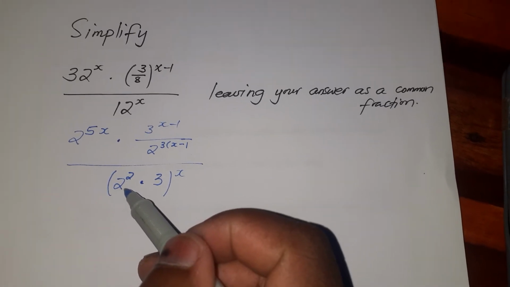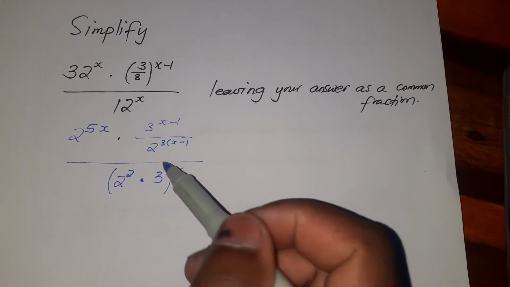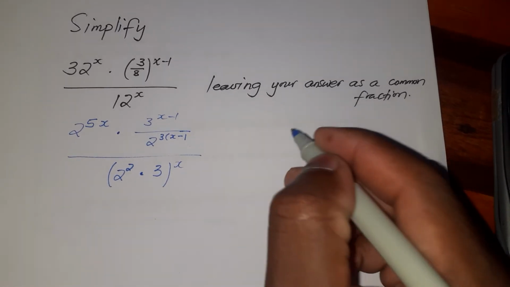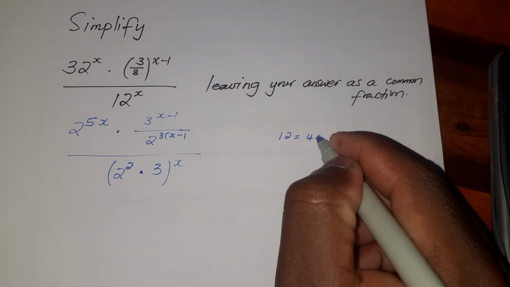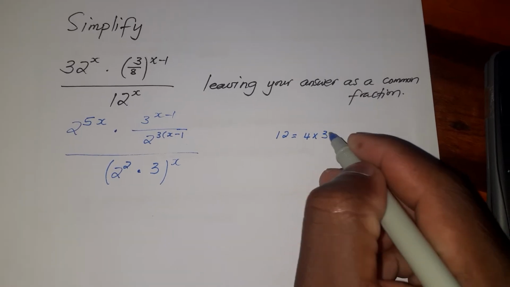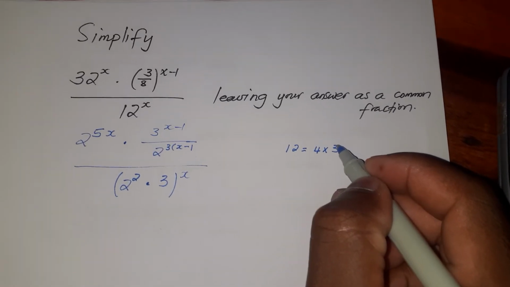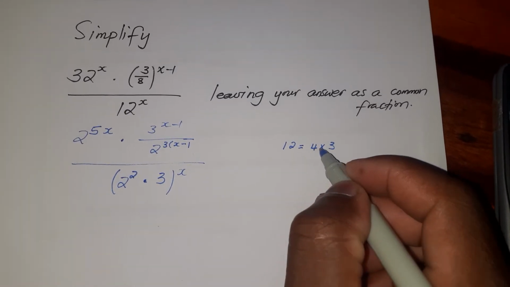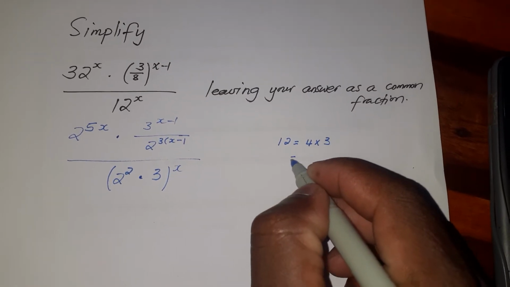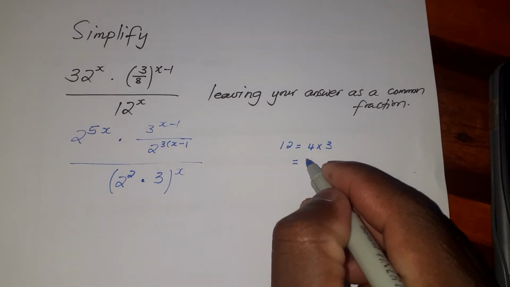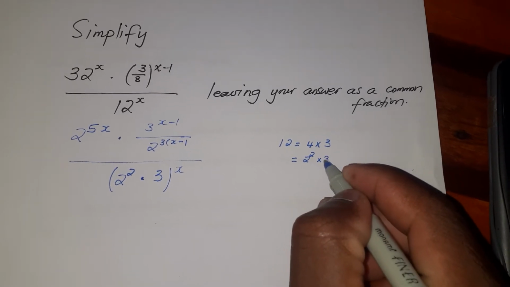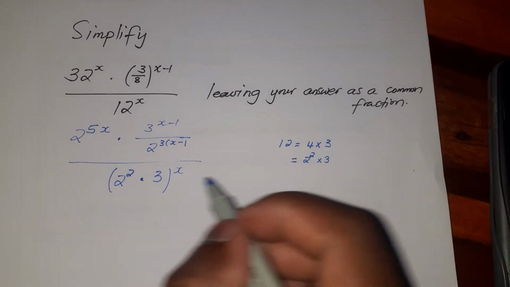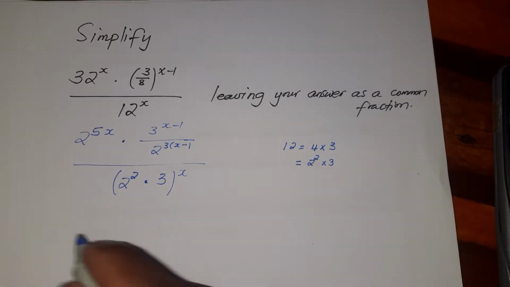How I got this: we know that 12 is equal to 4 times 3. 3 is a prime number, 4 is not a prime number. Therefore the 4 should be written in prime form, and we can write 4 as 2 squared. Therefore 2 is a prime number. That is how this came about.